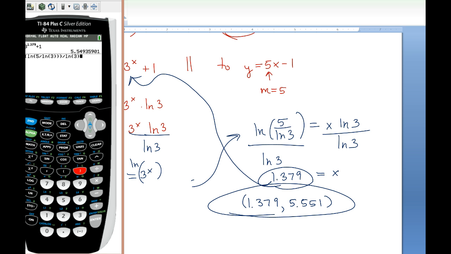You have this store button right here, and I'll store it as x and press enter. You could use alpha, any of your variables. Then I do 3 to the x plus 1, and hopefully that comes out to 5.551. It does. So they just didn't use the rounded answer.